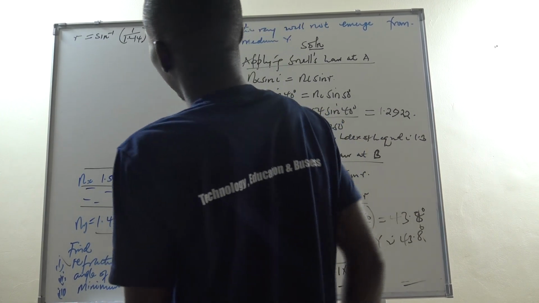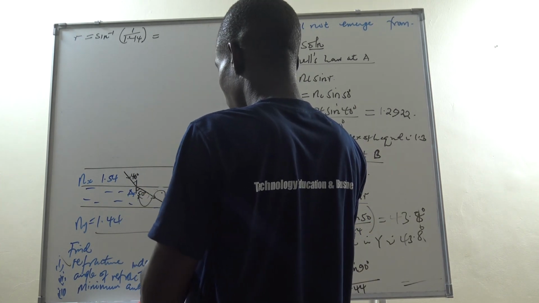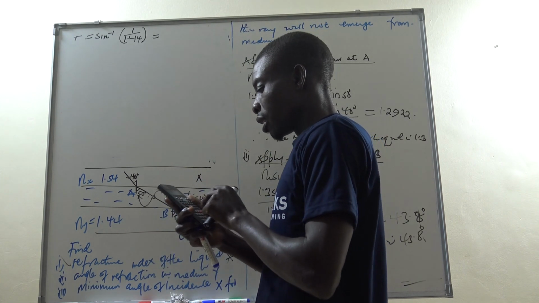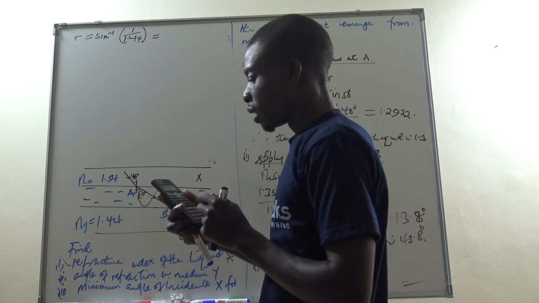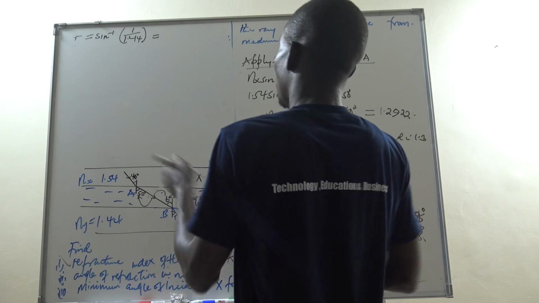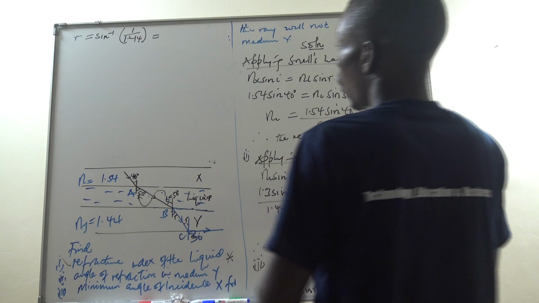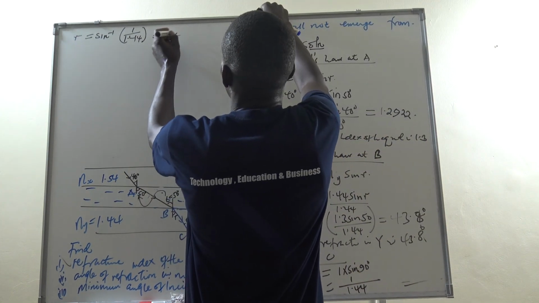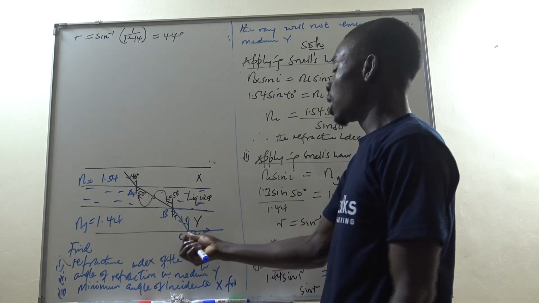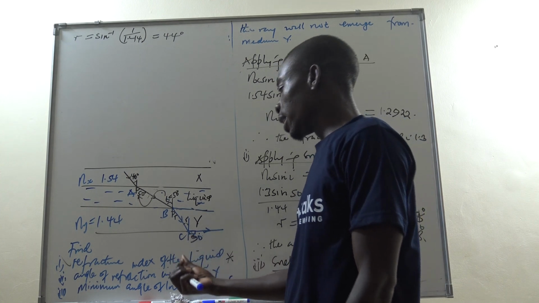So you can as well get your calculator and say what is the sine inverse of the answer. That is 43.98, which is equivalent to 44. That is 44 degrees.